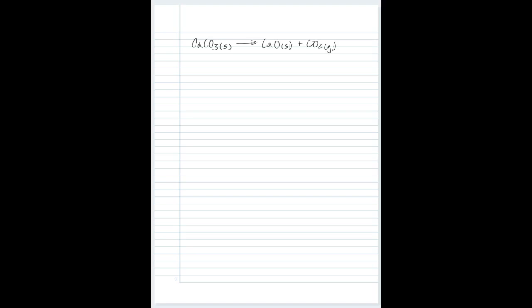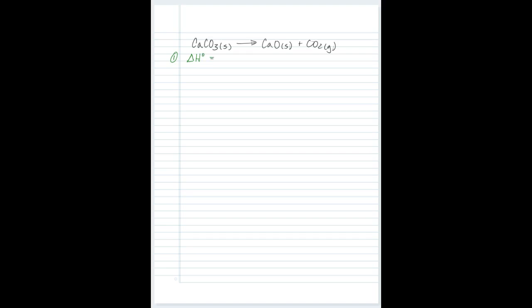So let's get started with the first one, which is using delta H's of formation and standard molar entropies. So I have information in front of me right now. You would have to look this up in an appendix or somewhere for the delta H's of formation. And so we're going to use Hess's law, and we're going to calculate the delta H for this reaction under standard conditions.